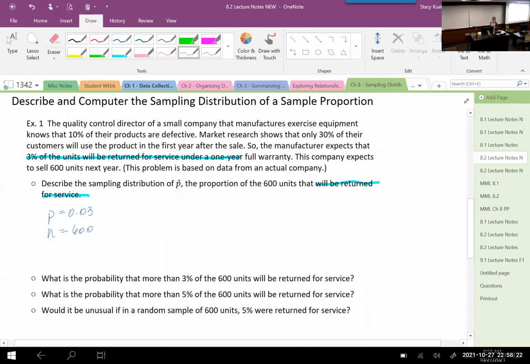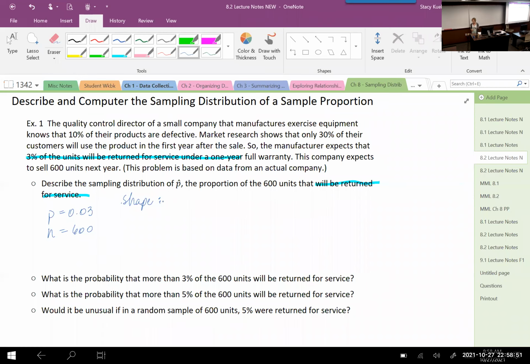And at this point, when it says describe the sampling distribution, we are asked to verify. This is where we start identifying and verifying shape, center, and spread. We are going to verify the shape. We are not told anywhere whether this comes from a normal distribution or anything like that.